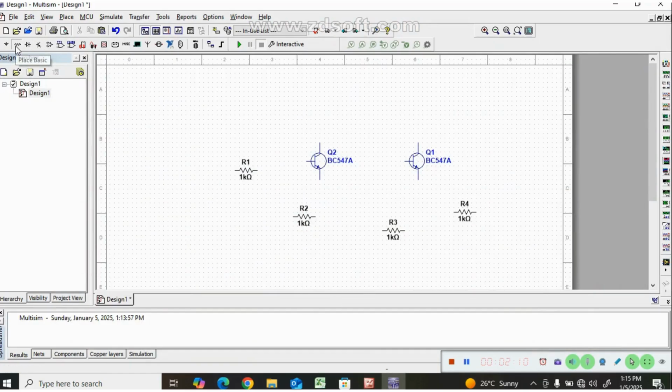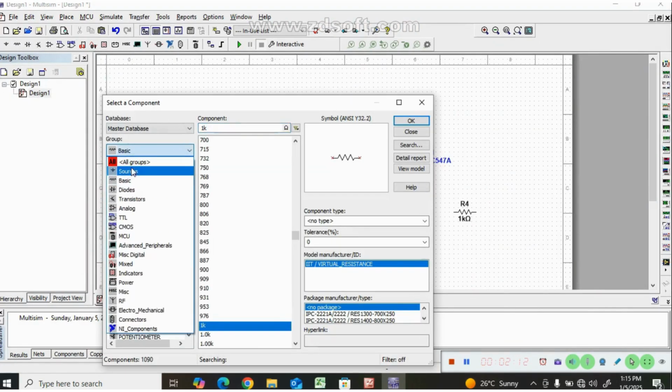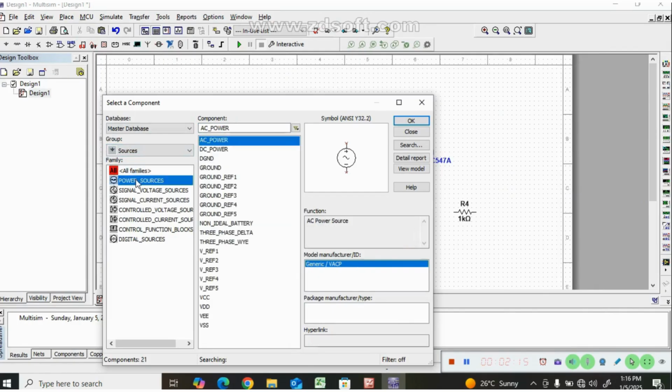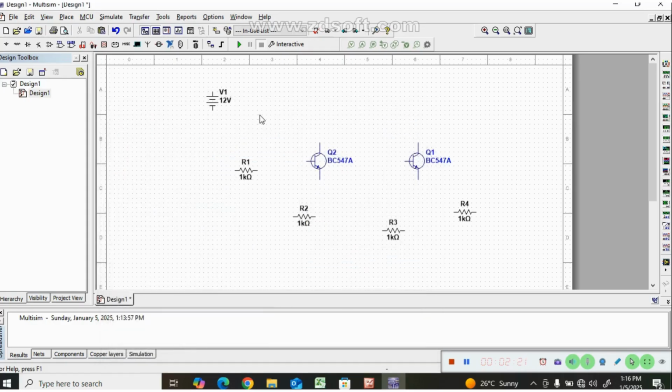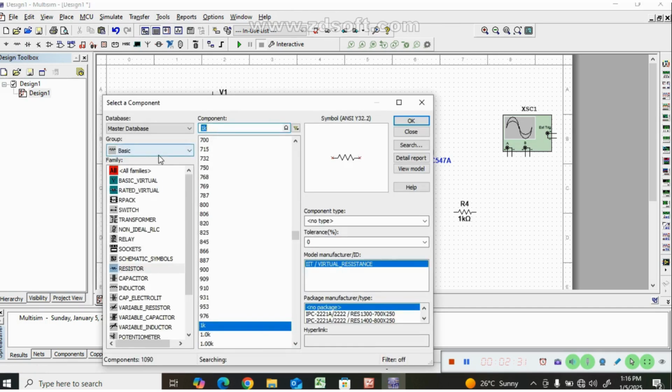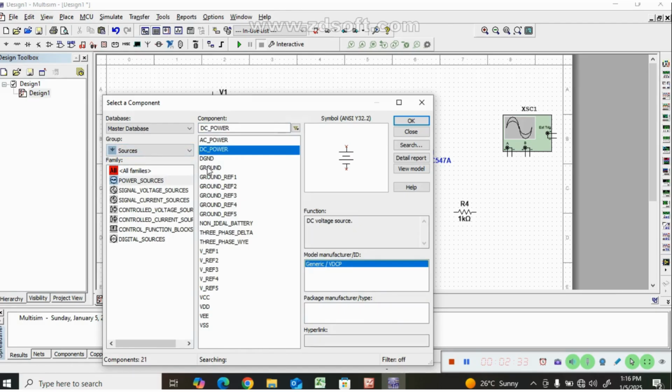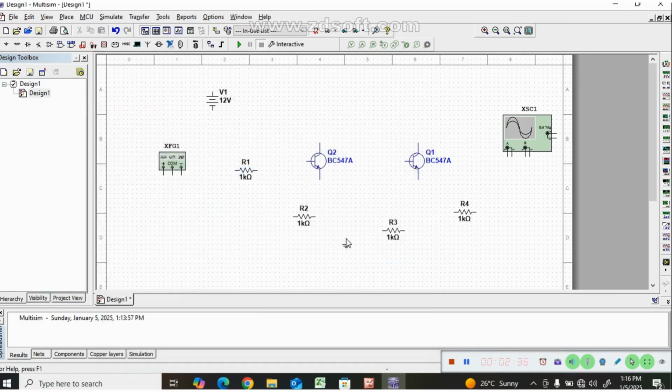In sources, under power sources, we select DC, so DC biasing is applied. We also take the input section and output section, and of course the ground terminal.